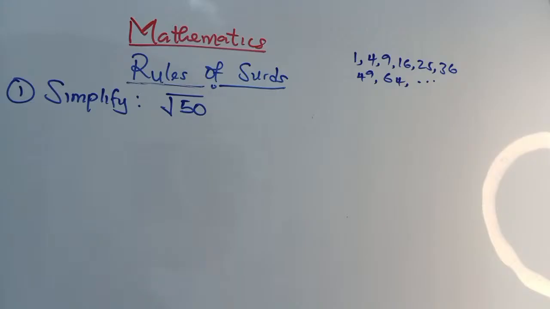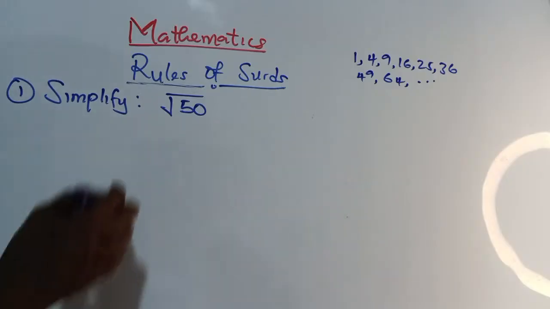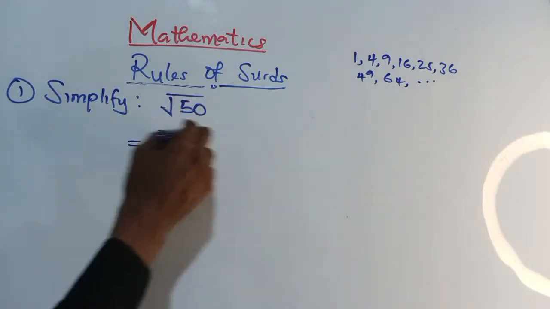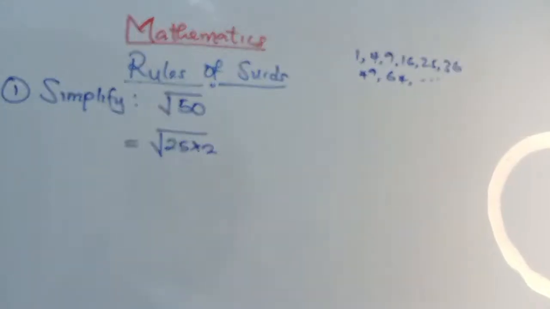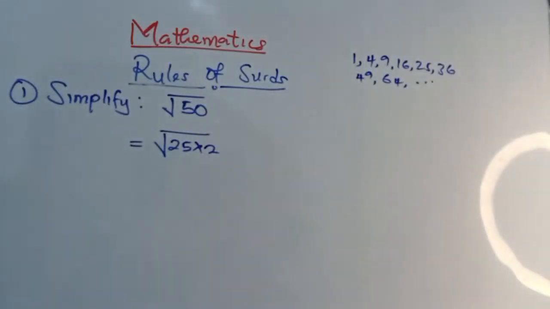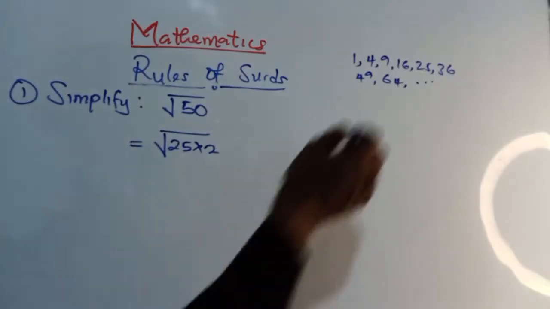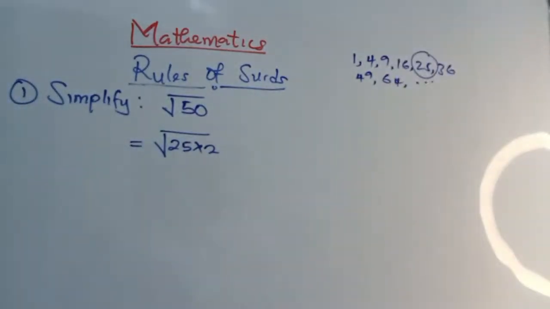Because this is not a rational number, we are going to split this 50 into two numbers, and one of them must be a perfect square number. 50 is the same thing as 25 times 2. From the perfect square numbers I listed, you can see that 25 is one of them.